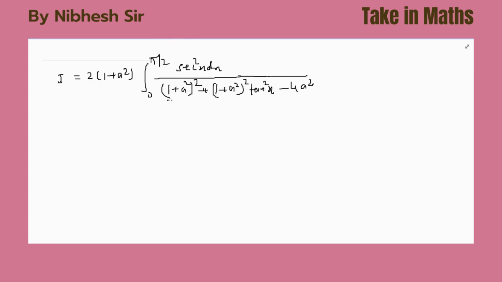These two results combine, so we can write this as 2 times 1 plus a square, integral from 0 to pi by 2, sec square x dx, and I can write this as (1 minus a square) the whole square.